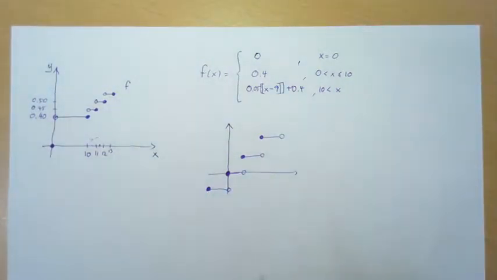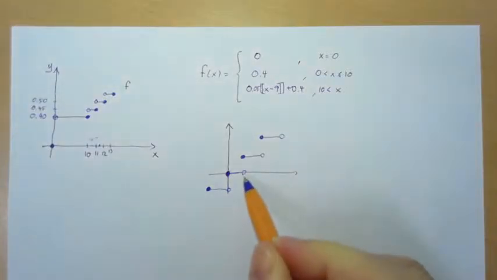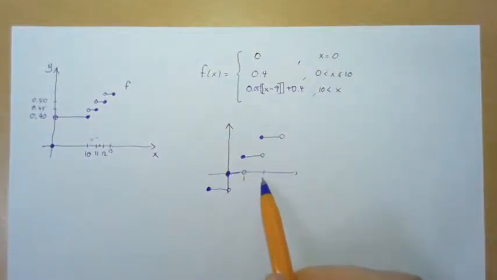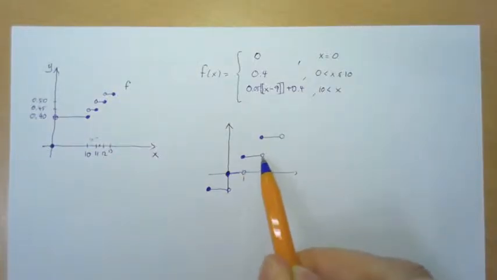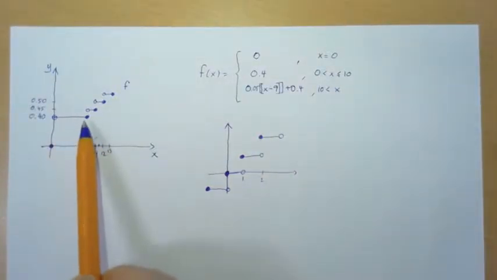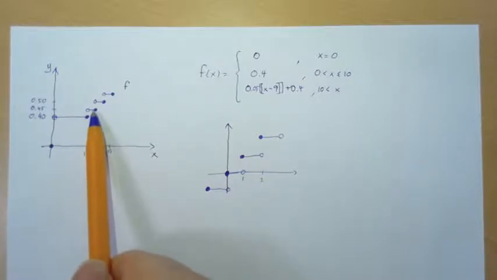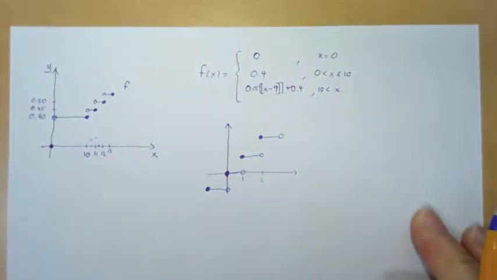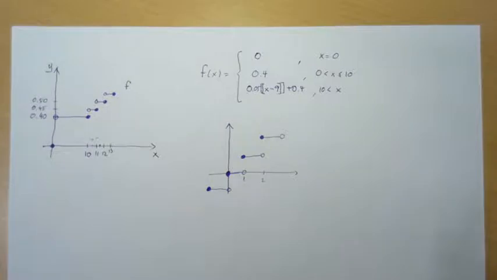The greatest integer function always includes the leftmost point of the interval, and on the right it's the jump already. So if I have x equals 1, the value for 1 is up here. If I put x equals 2, the greatest integer of 2 is up here, it's 2. If you look at our graph, the point that is included is always the one on the right, not the one on the left. So that's a technical problem that we can discuss.